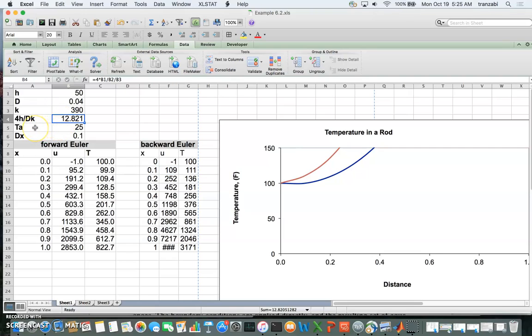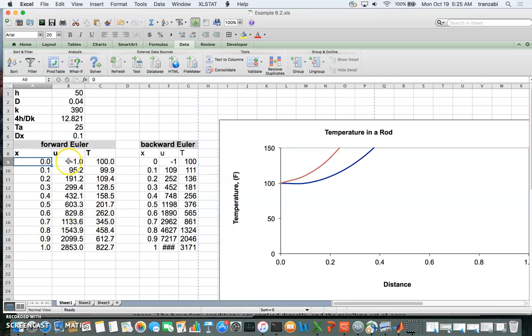And then TA is the ambient temperature and dx is delta x. Okay? So I want to solve for the temperature distribution from 0 to 1. So I split my interval from 0 to 1 with a separation of delta x, which is 0.1. Including the two boundaries, it's going to be 11 points, or 10 intervals.